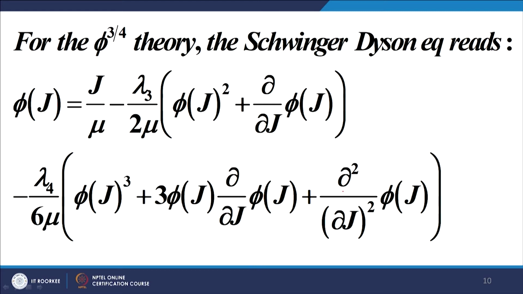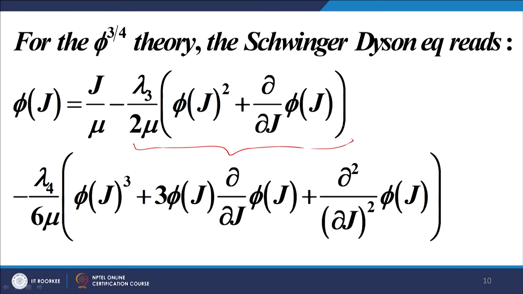The rest of the equation is the same as before, except for these two additional terms, one involving phi j squared and the second phi dash j. Even this has a direct nexus to the Feynman diagrams in terms of three vertices, and we shall be discussing that as well.